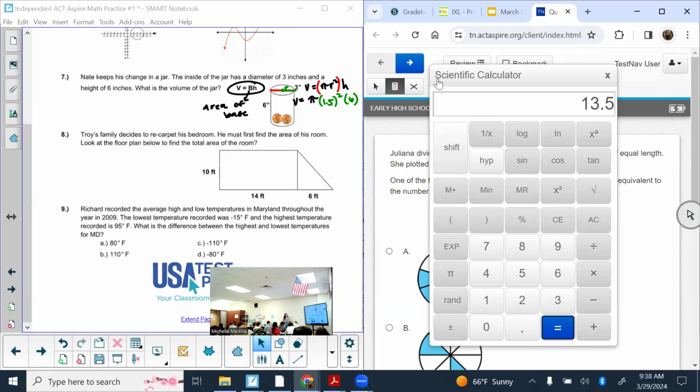It wants you to do the exponents first. So I'm going to clear this and do the 1.5 squared now, which is that. Now times it by pi, and then times it again by 6. That is the accurate answer. So that's why, again, you have to practice with whatever calculator you can use.